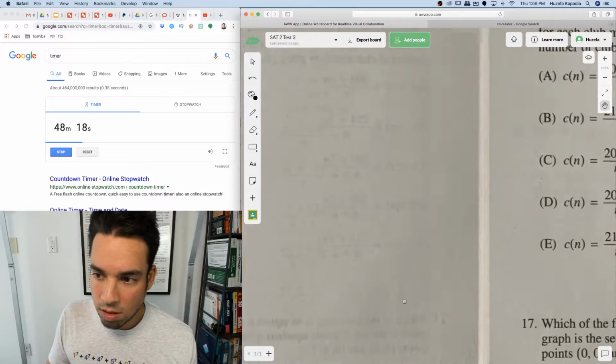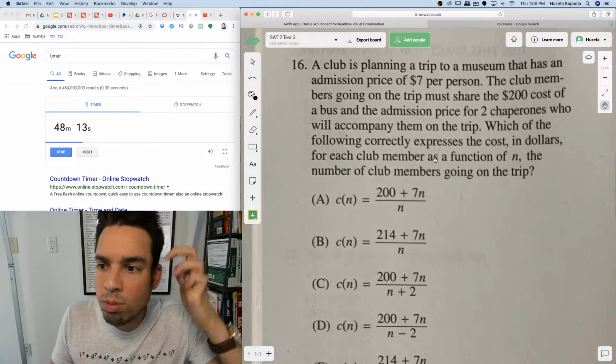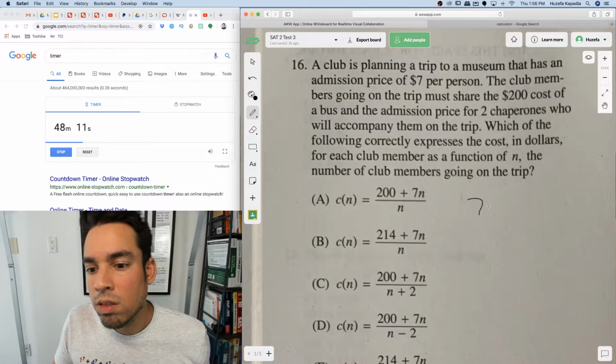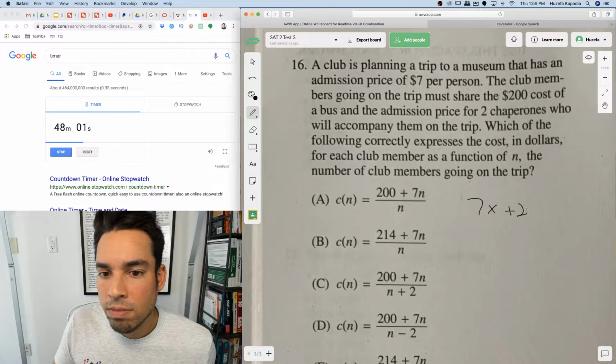That's it. Okay, 16. The club is planning a trip to a museum that has an admission price of 7 per person. The club members going on the trip must share the $200 cost of a bus and the admission price for 2 chaperones who will accompany them on the trip.